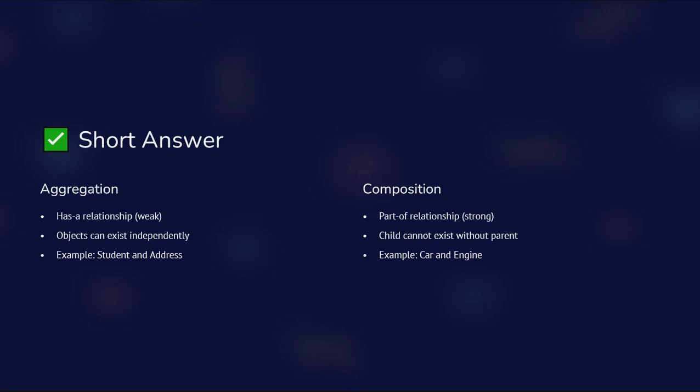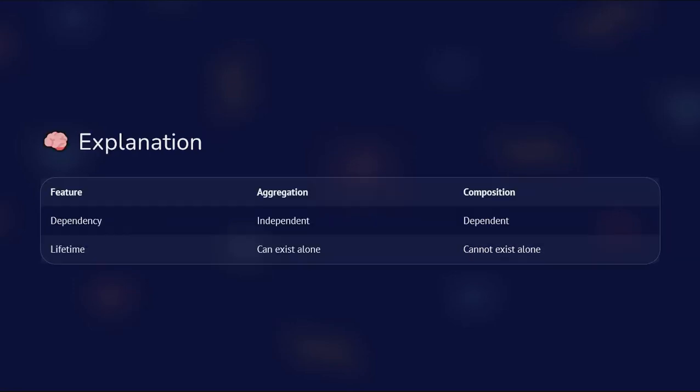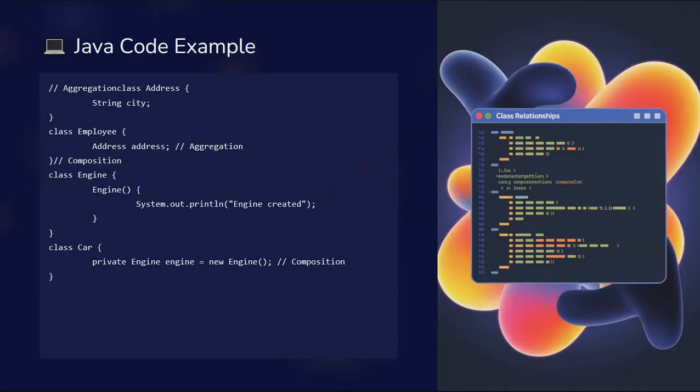While composition, part-of relationship, child cannot exist without parent. An example, car and engine. So for the dependency, aggregation is independent while composition is dependent. For the lifetime, aggregation can exist alone while composition cannot exist alone.